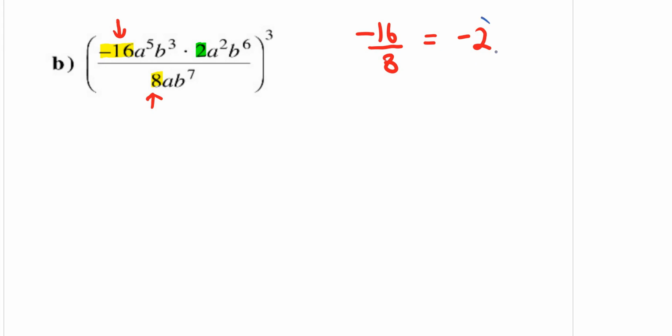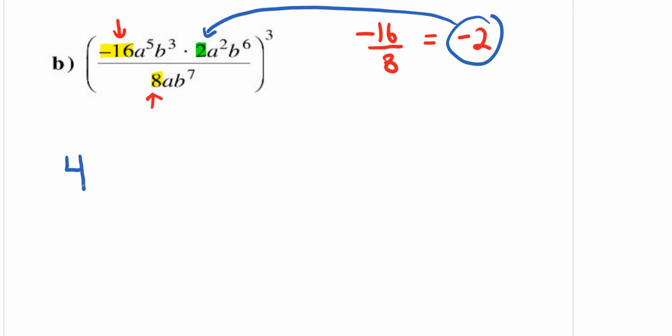Then if I take this -2 and multiply that by that 2, I get a 4. And then there's this negative sign there, so -4. If I multiply and divide the numbers, I simply get -4. Okay, so that's it for the numbers there.